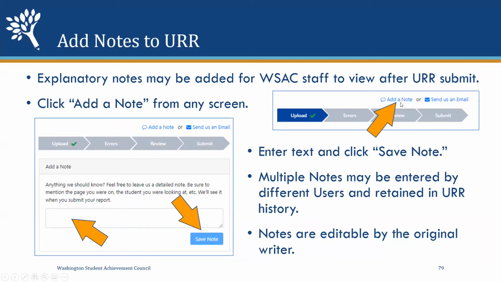Click the add a note button and it will take you to this page. Just anything we should know, feel free to leave us a detailed note. Be sure to mention which page or screen you are on and the student you are looking at, and we'll see it after you submit your report. There is a space here for you to enter your note, then click Save Note.